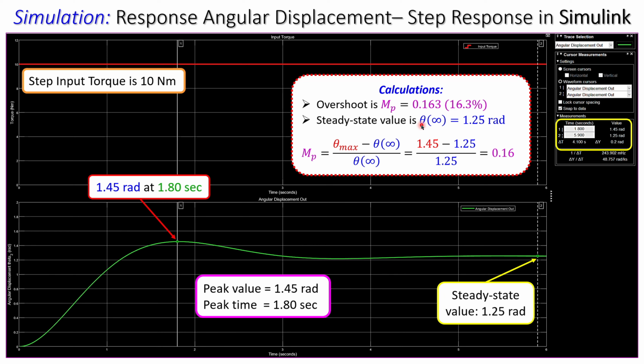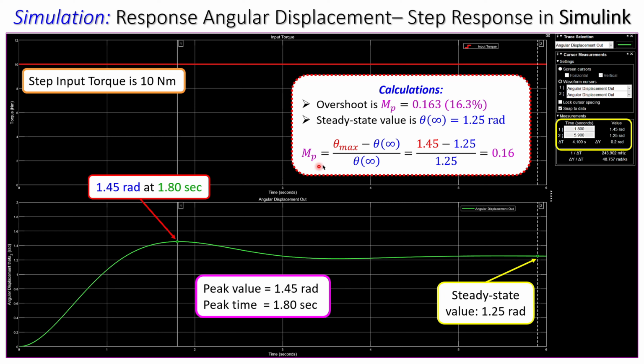The steady state value in our case was 1 over 8, or 0.125, but now we have an input of 10, so it goes up by 10 times. Ten times 0.125 is 1.25. So that confirms our calculations with this simulation result.